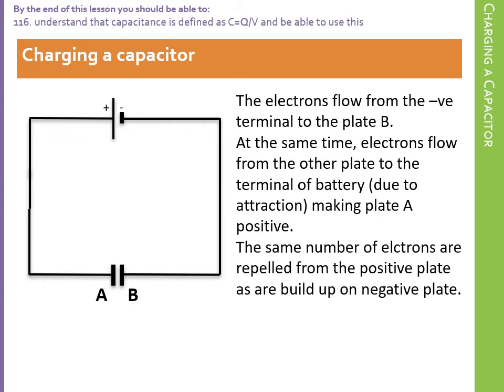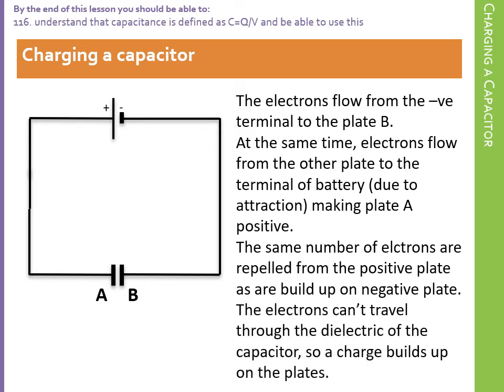The same number of electrons are repelled from the positive plate as are built up on the negative plate. So it will be the same number of charges. As many electrons as are collected by plate B, as many electrons will be repelled by plate A towards the positive terminal.